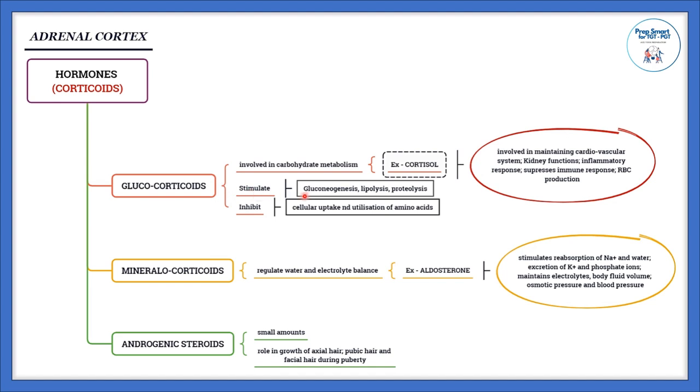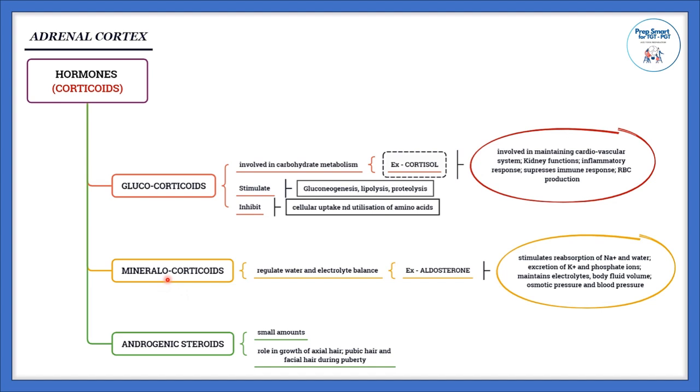They stimulate gluconeogenesis, lipolysis, proteolysis, and inhibit cellular uptake and utilization of amino acids. Cortisol is basically involved in maintaining the cardiovascular system, kidney functions, and inflammatory responses. Thus, it suppresses immune response and RBC production.